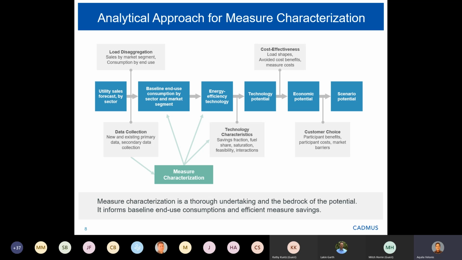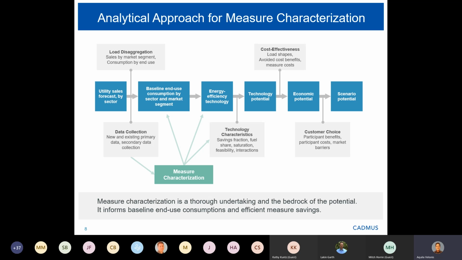It really starts with a robust data collection task where we're pulling information from new and existing primary and secondary data sources. All of that information informs the calculations, not only for the energy efficiency measure, but also the baseline end use consumptions, and that is broken down by sector and market segment.